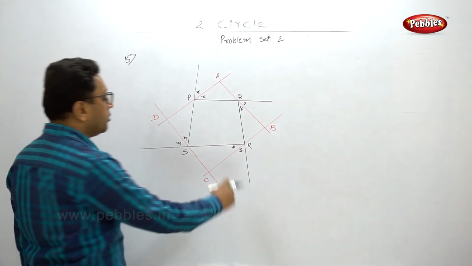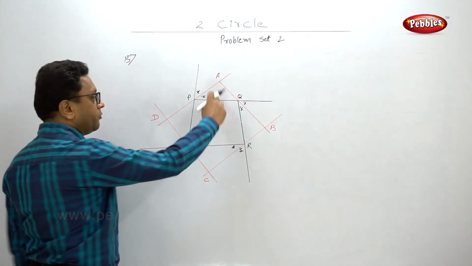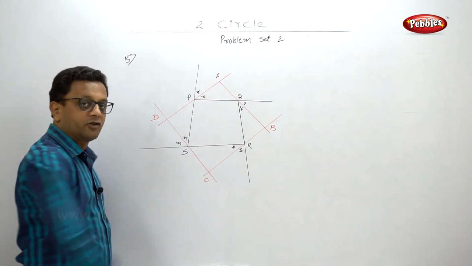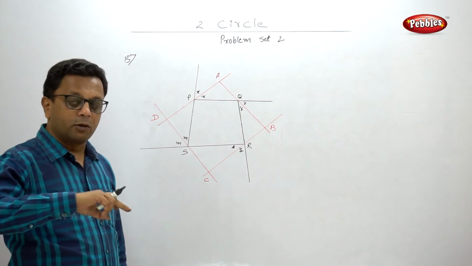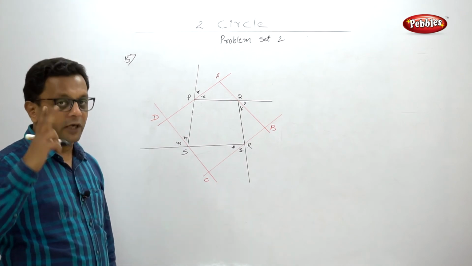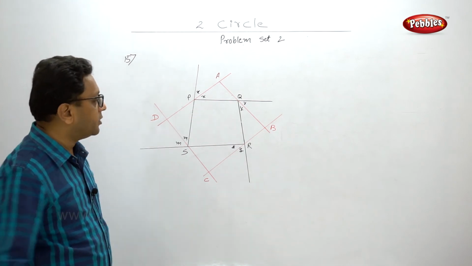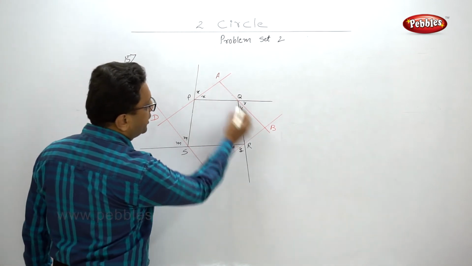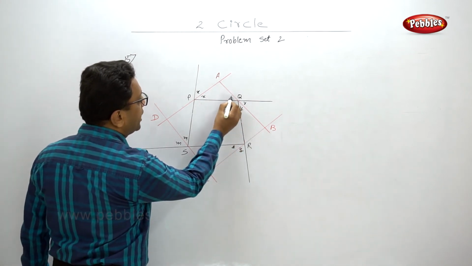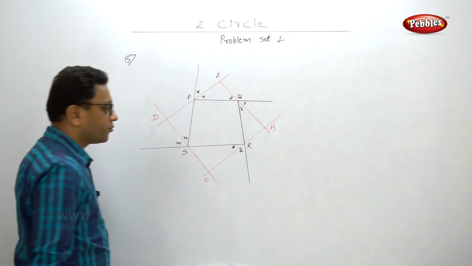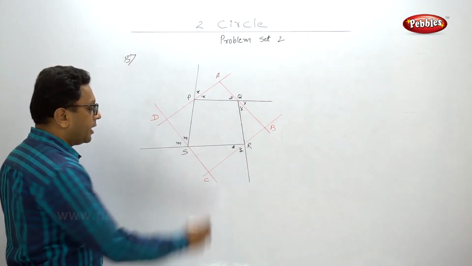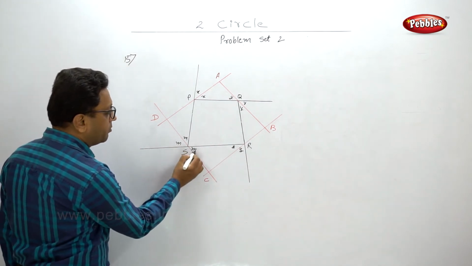Okay. Now we will consider only two triangles, one this triangle and second this triangle. In the previous example also we have taken two triangles. Here also we will take two triangles. Now can you see that these are the intersecting lines? So this angle is also y, correct? And this angle is also m.